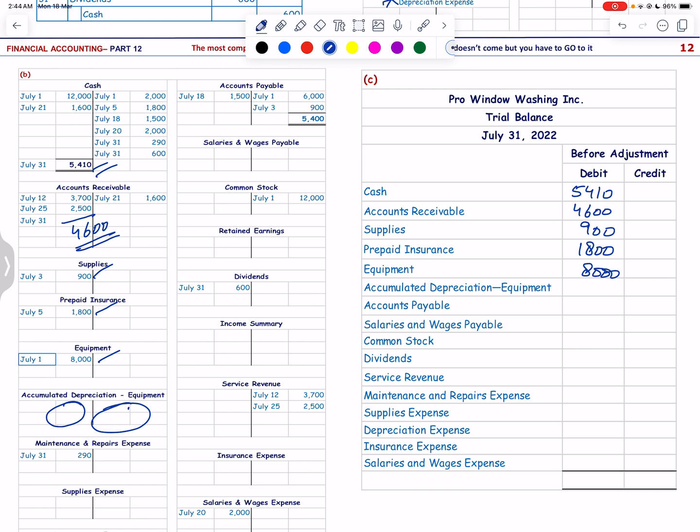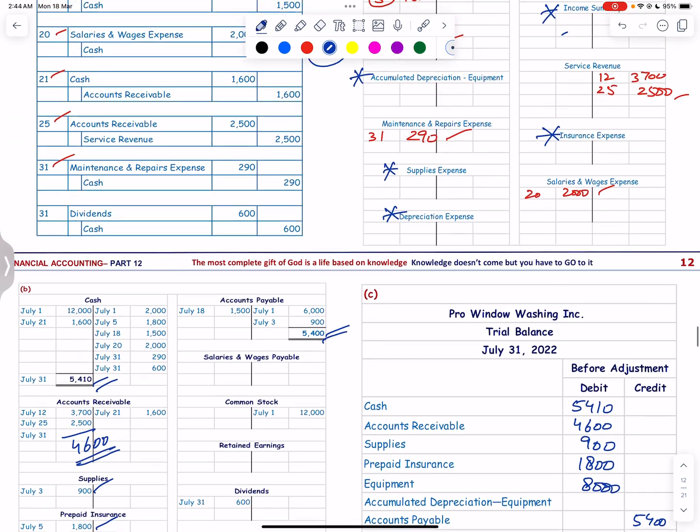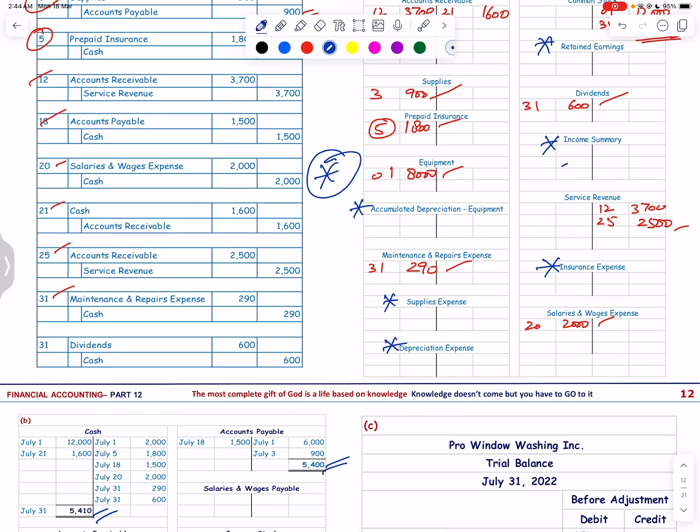Then salaries and wages payable is, oops, I have made a mistake over here. Salaries and wages payable, no, nothing is there, thank God.